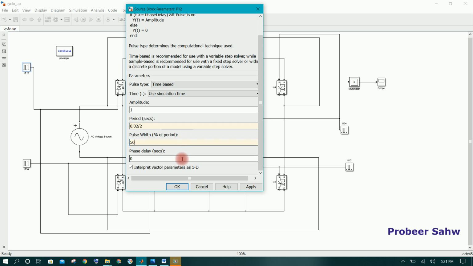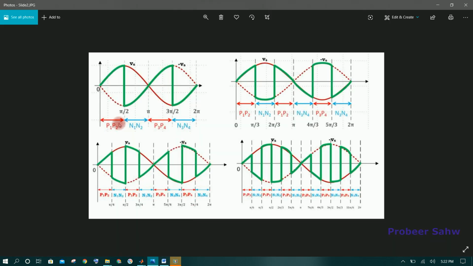Phase delay, there should be no phase delay for thyristors P1 and P2. Let us go back to our output again. In the positive half cycle, after P1 and P2, N1 and N2 must be on.